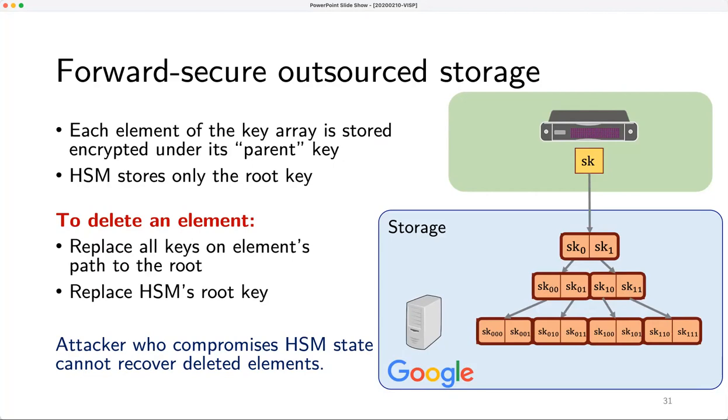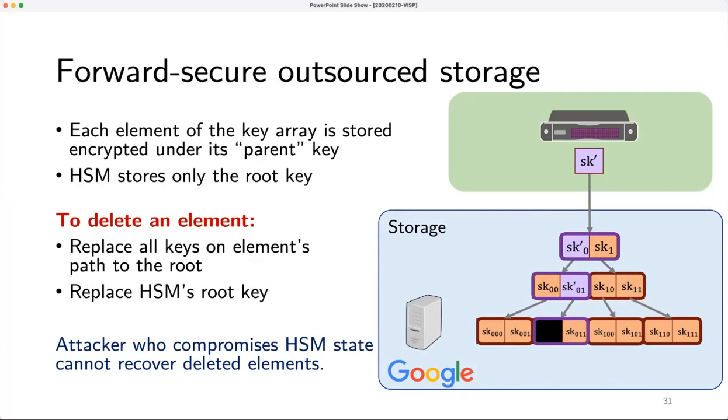And then periodically, when this puncturing operation happens, the HSM needs to delete elements of this array. What it does is say it wants to delete this element. It deletes this element of the array, and then it re-encrypts each of these pairs on the path to the root under a fresh AES key. So it replaces this key and re-encrypts this pair with a new key, which it then pairs up and re-encrypts.